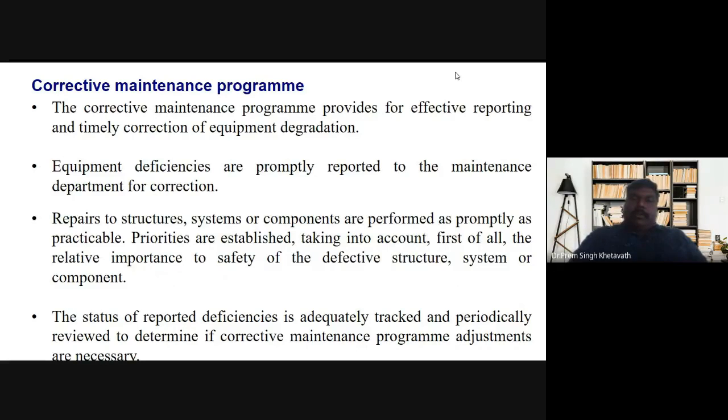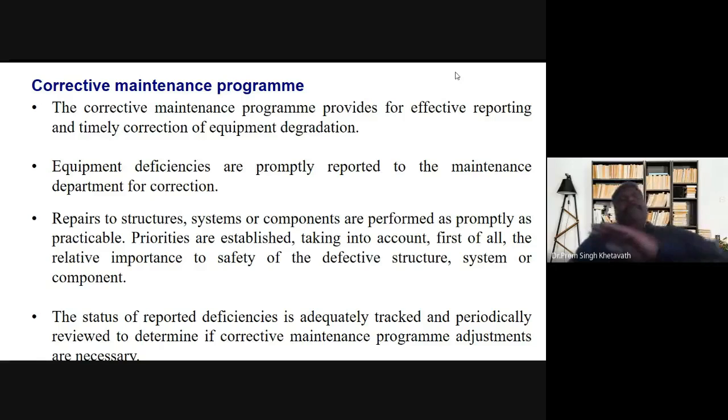The corrective maintenance program provides for effective reporting and timely correction of equipment deficiency, promptly reported to the maintenance department for correction. Repairs to the structures, systems, and components are performed as promptly as practicable. Priorities are established, taking into account, first of all, the relative importance to safety of the defective structure or system.